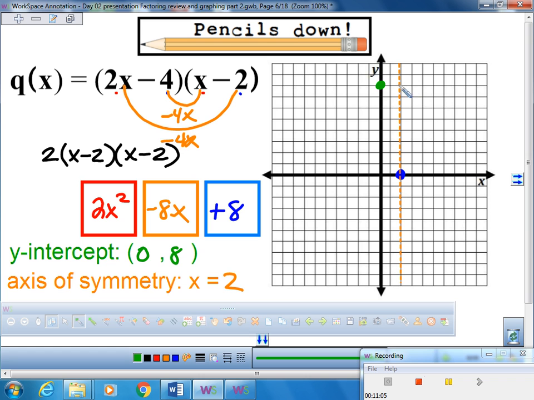If I'm over 2, I must be over 2 more. And that's all I need to graph this. I should do it in blue, that way you can see it. And it's not supposed to look like a V. It's supposed to look like a U shape, right? Even though it kind of looks like a V. It's not supposed to be an absolute value graph, okay?